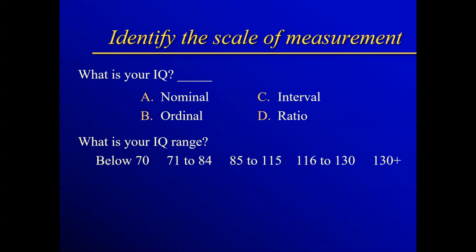But if you could, a 0 doesn't indicate that you have the absence of intelligence. It just means that you are maybe not as intelligent as other people. So that's why it's not ratio. And so it's interval because the difference between 100 and 101 is the same as the difference between 103 and 104.